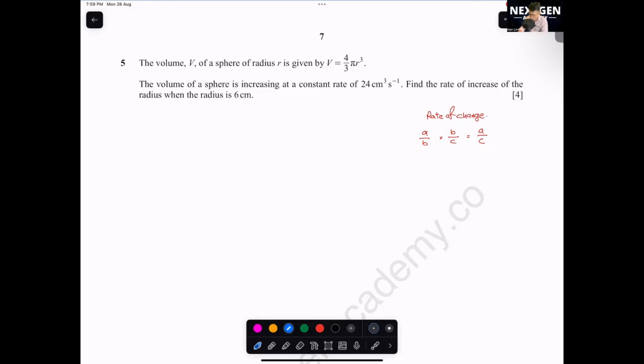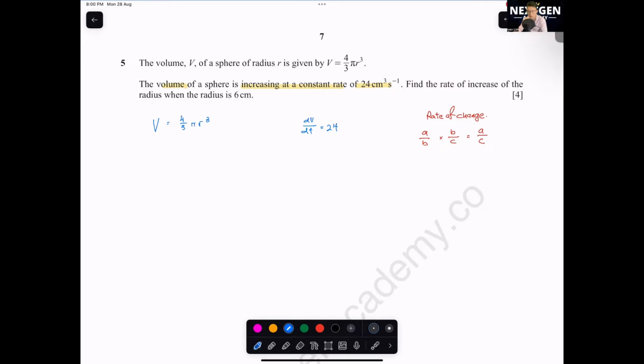Okay, so we will start from here first. V equals to 4 over 3 pi r cubed. And then they give us this one also. They say the volume is increasing at a constant rate. Rate means over time. So that means this will be dV over dt equals to 24. Okay, we see what else can we construct?